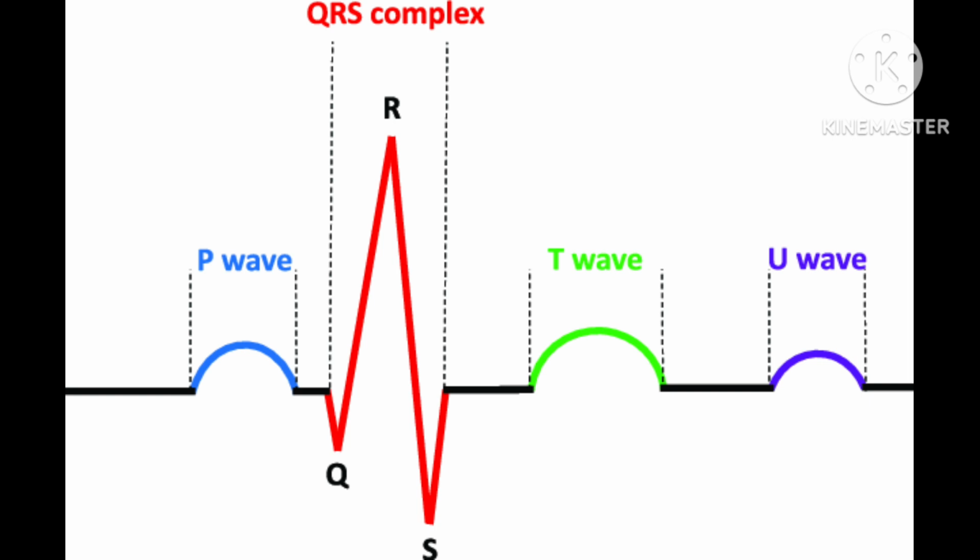Natural electrical impulses coordinate contraction of the different parts of the heart to keep the blood flowing the way it should. This point is very important.